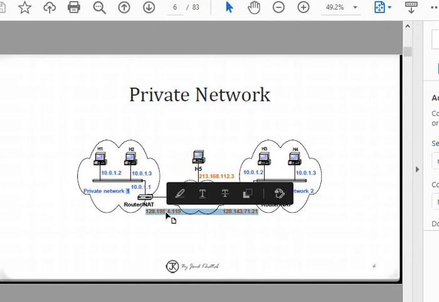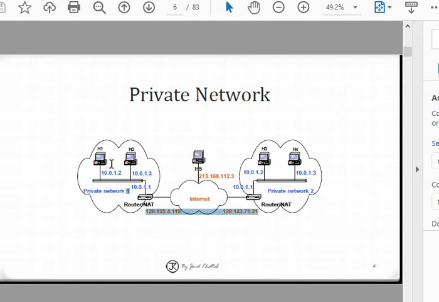That's where the private network comes into the picture. So what you will do is create different IP addresses, called private IP addresses, within this range, let's say 10.0.1.1, then 10.0.1.2, 3, 5, 6, 7, 8 and so on. You have to create all the IP addresses.